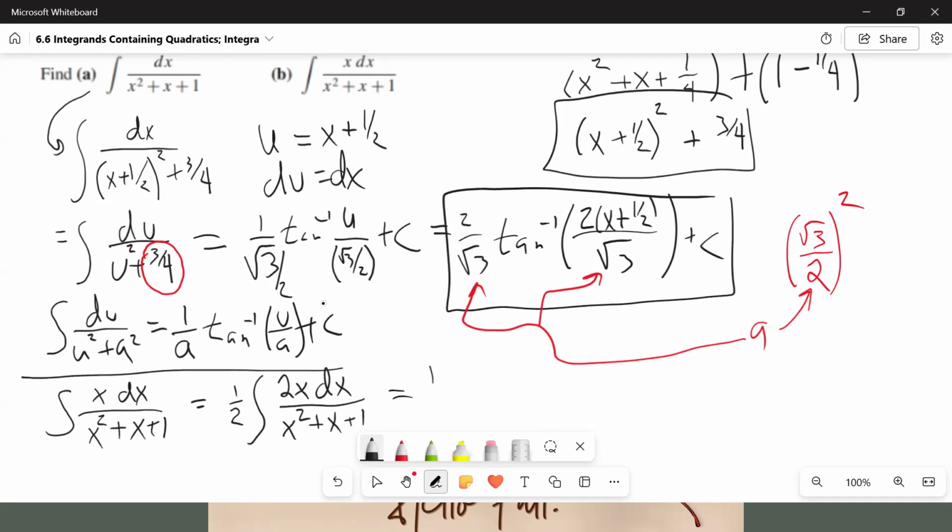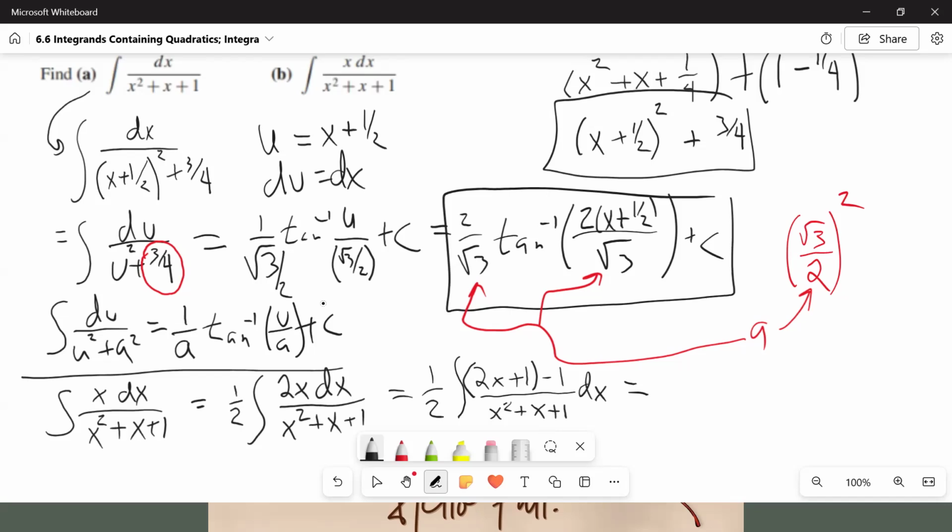So to handle that, I'm going to add and subtract 1 in the numerator. So I'd have 2x plus 1 minus 1 over x squared plus x plus 1 dx. Okay, so now, if I group the 2x plus 1, that is the derivative of the denominator.